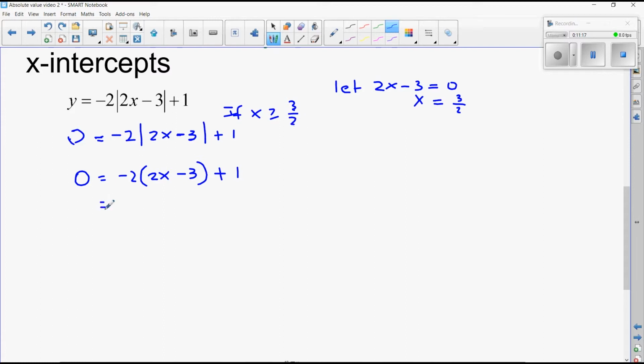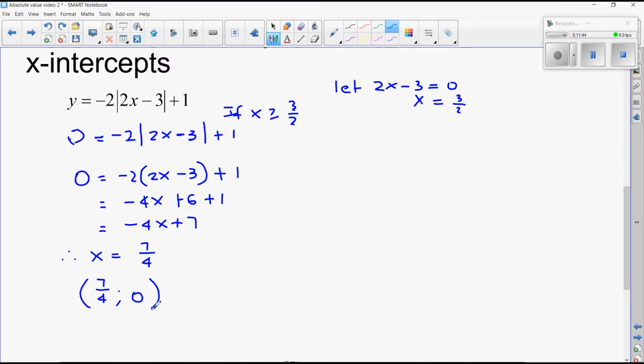So I simplify this, I get minus 4x plus 6 plus 1, so it gives me minus 4x plus 7. If I solve for x, I see that x equals 7 over 4. So I have an x-intercept at 7 over 4 and 0.